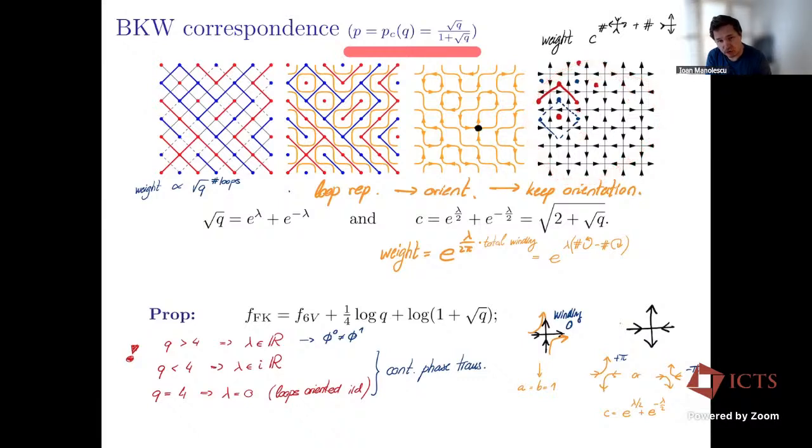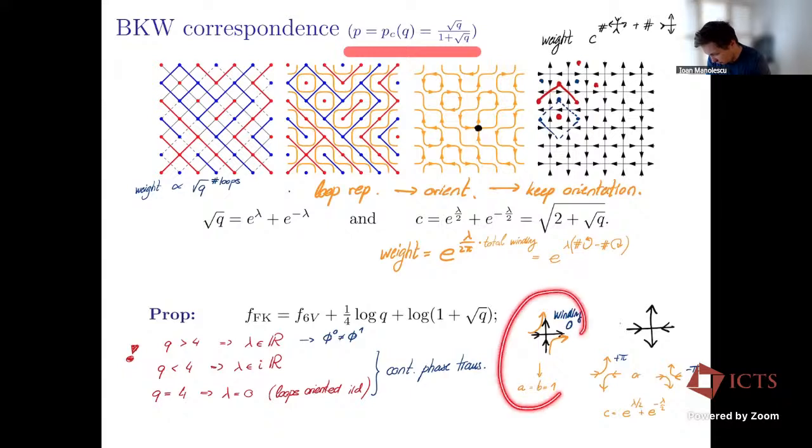Now I remind you, if you don't want to look at the weights, the way you do this is you draw the loop representation of FK percolation, you orient the loops, and then you keep the orientation of each edge. And that's how you obtain the 6-vertex configuration, and vice versa. If you want to go this way, what you need to do is to split the vertices into loops.